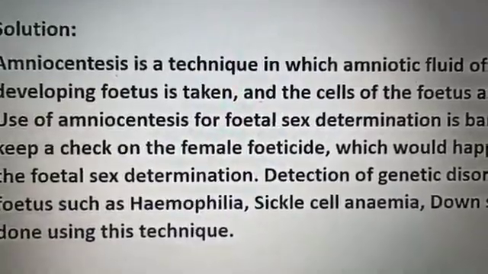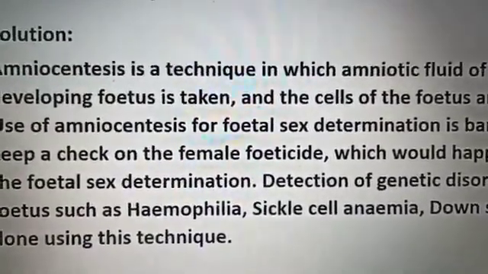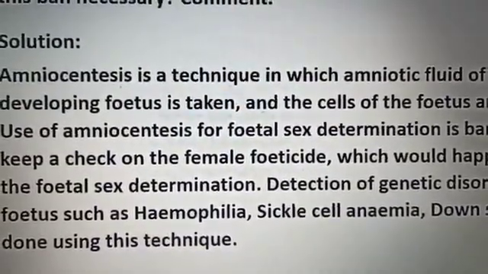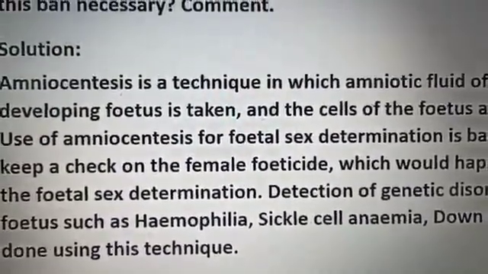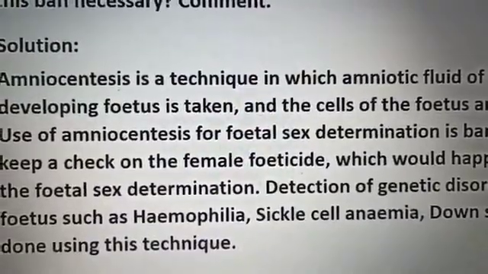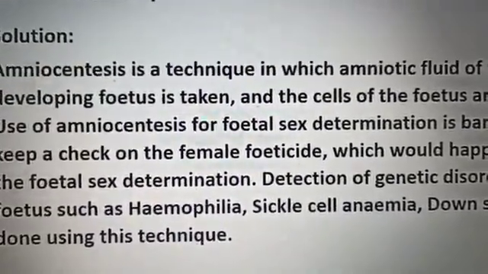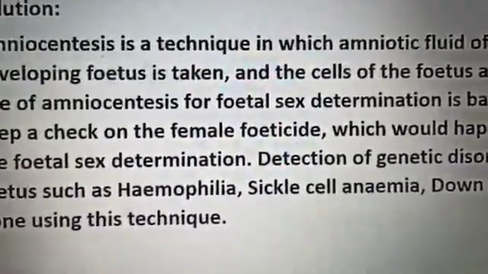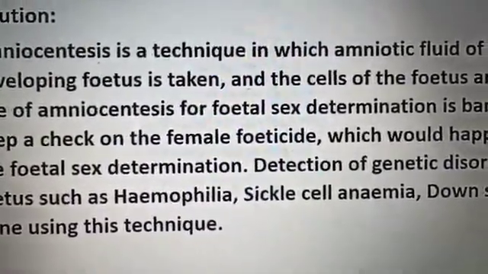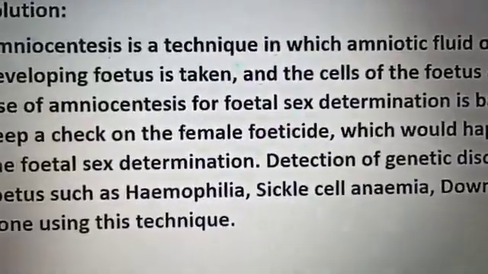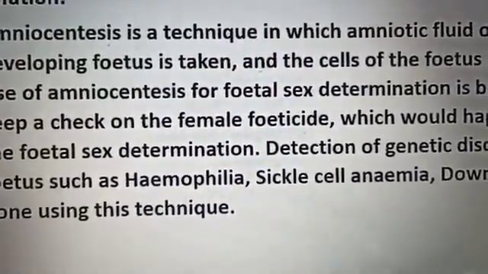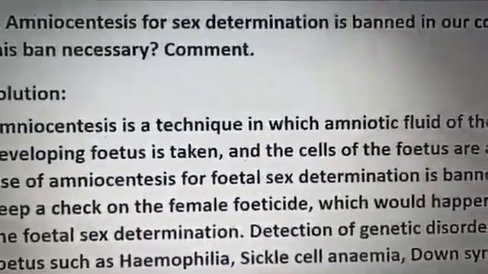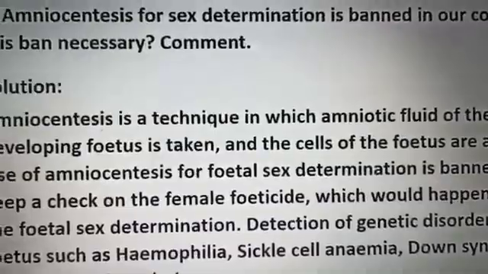This is for the benefit of the society, so that if there is any chromosomal abnormality in the developing fetus, it can be aborted. But some people use it in a negative way: after the amniocentesis they get to know the sex of the developing fetus, and if it is a female, they use it for female feticide. So to keep a check on female feticide, amniocentesis is banned in our country.